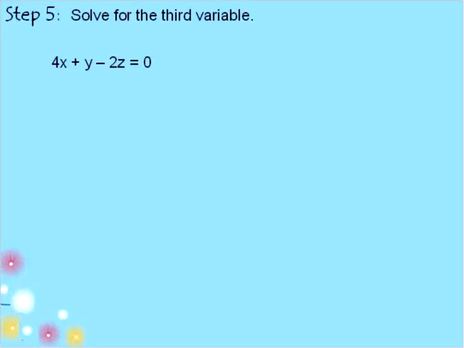So I'm going to choose to use this one, 4x plus y minus 2z equal to 0. I'm going to substitute the x value that I found in for x, so 4 times 3/4 plus y minus 2 times 1/2 equal to 0. 4 times 3/4 is 3 plus y. 2 times 1/2 is 1 minus 1 equal to 0.